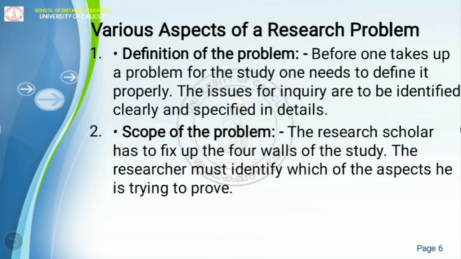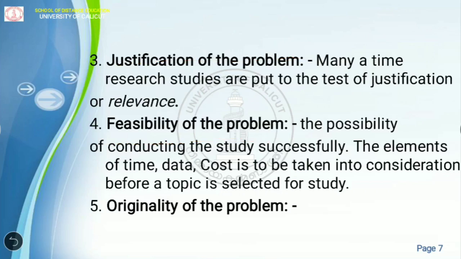Okay, various aspects of a research problem. We have to define our problem clearly, and we have to find out the scope or area of the research. Then we should have a justification for why I selected this problem. What is the relevance of this problem to the society and to the needy people, and the feasibility of the problem, whether it is possible to conduct or not.